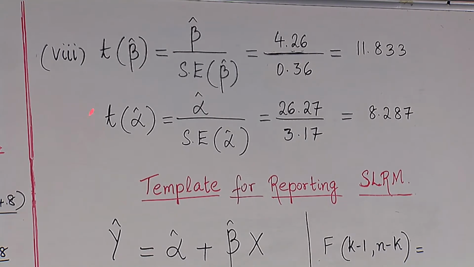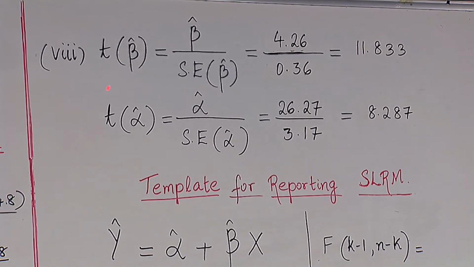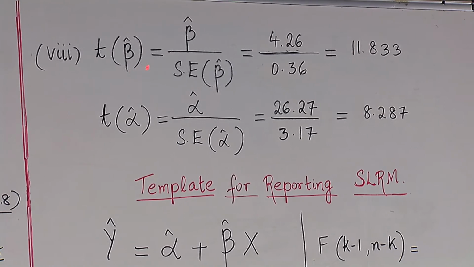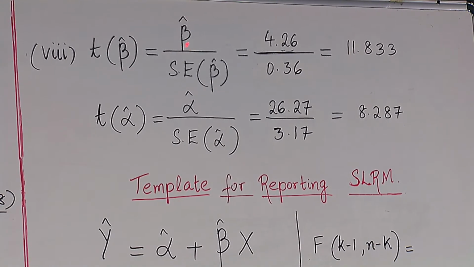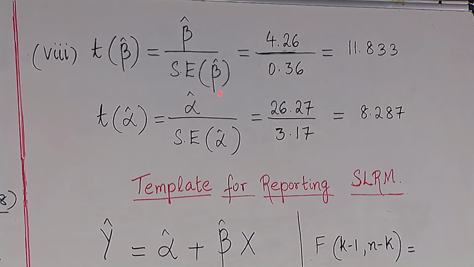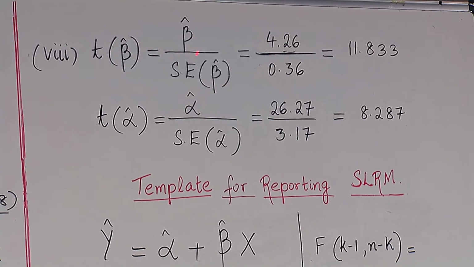Let us now compute the t statistics for beta hat, and the formula here is beta hat by standard error of beta hat. In this case, as calculated earlier, the value of beta hat is 4.26 and standard error of beta hat is 0.36. On dividing 4.26 by 0.36, we get the result 11.833.